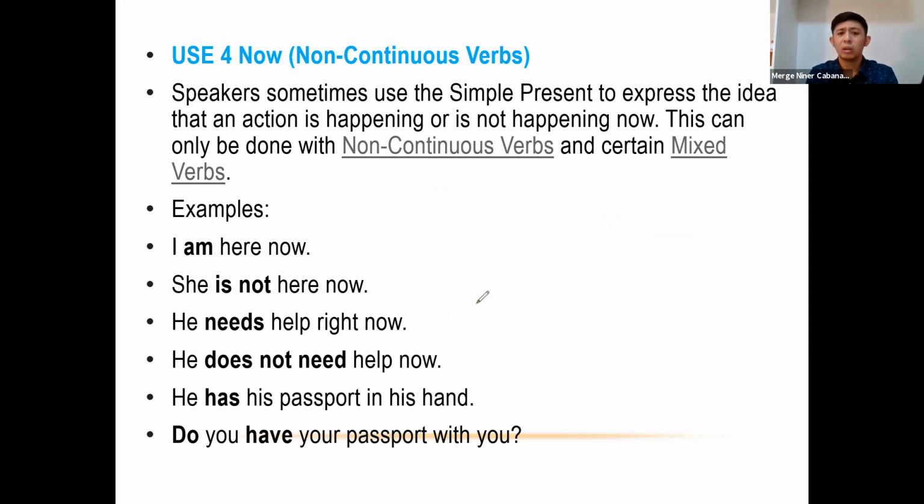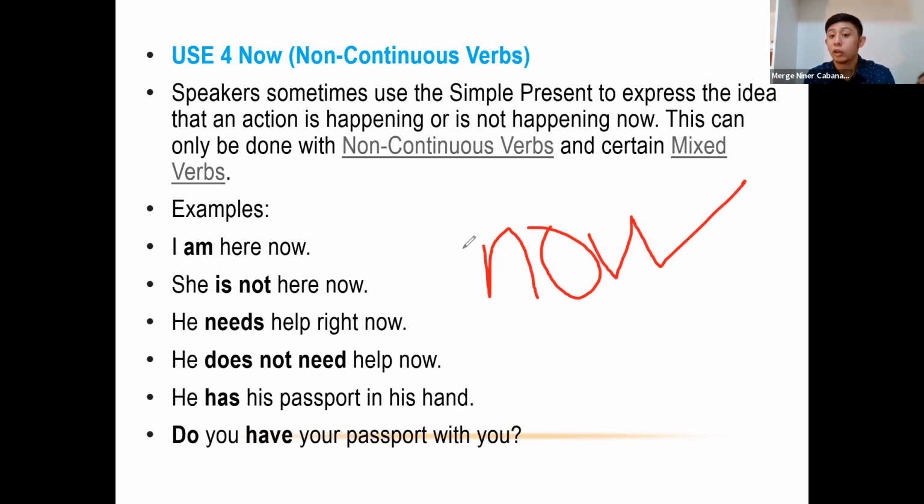So now is mostly used for the progressive with the continuous verb tense. All right, we're using the now more often, but we also use the simple present tense even with the word now if the verb type that we're going to use is non-continuous and certain mixed verbs.